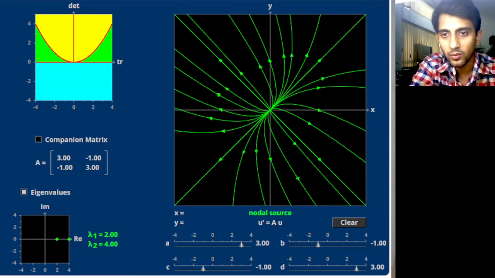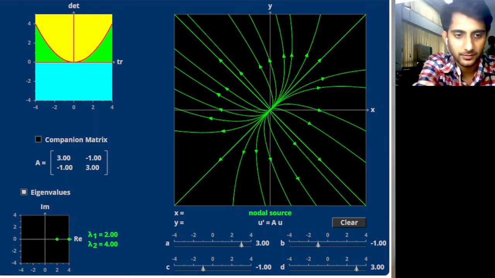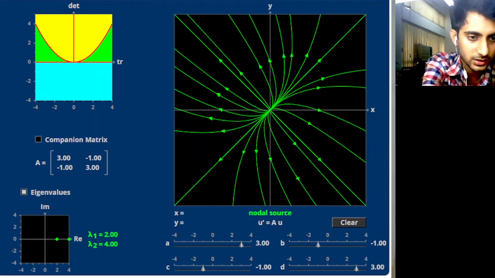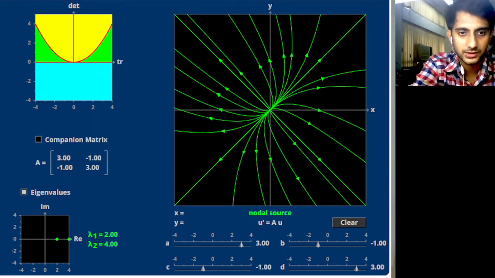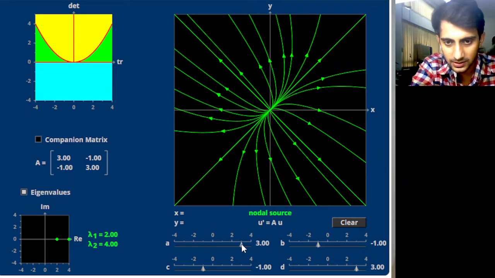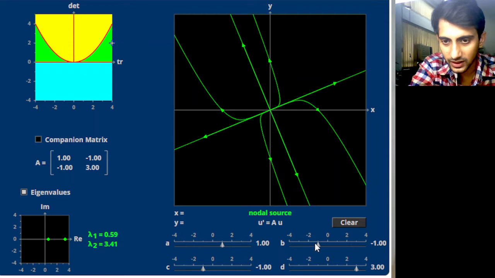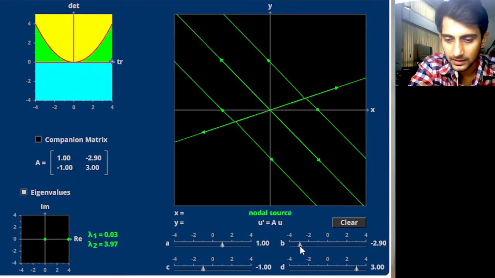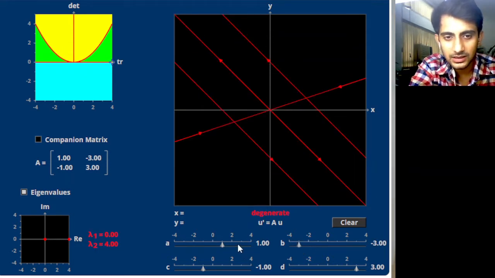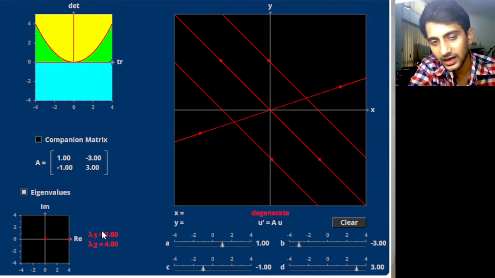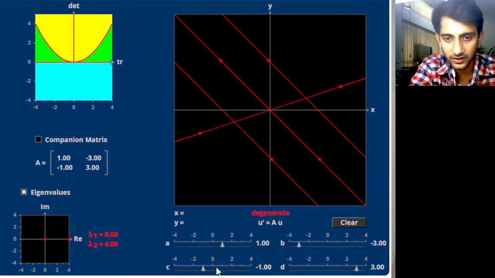Try with 1 minus 3 minus 3 1. So we have another matrix which is 1 minus 3 minus 3 1. Let me just switch to that particular case. You see in this case, if any one of the eigenvalues becomes 0, it becomes degenerate.